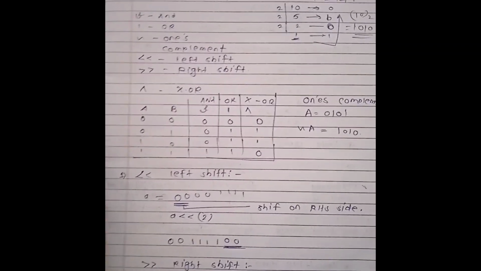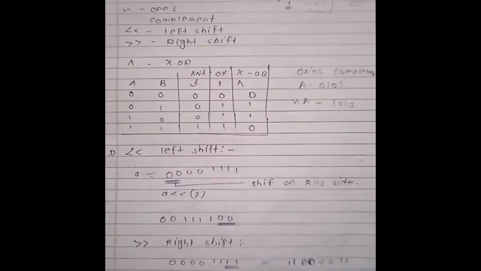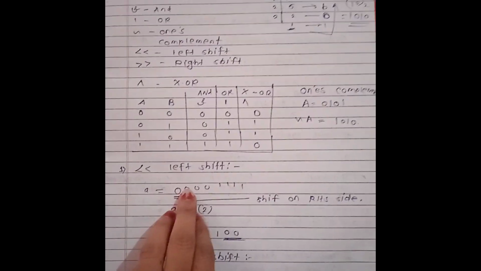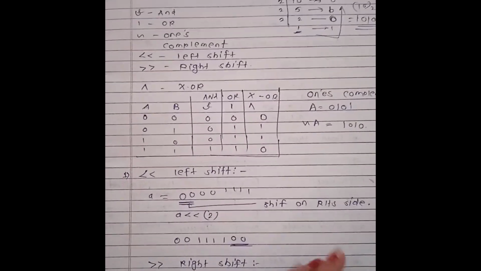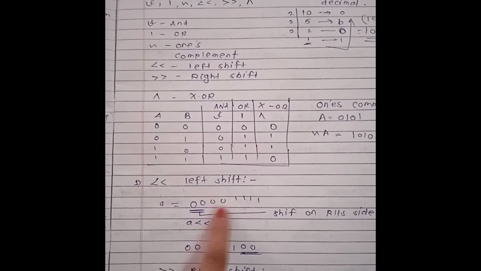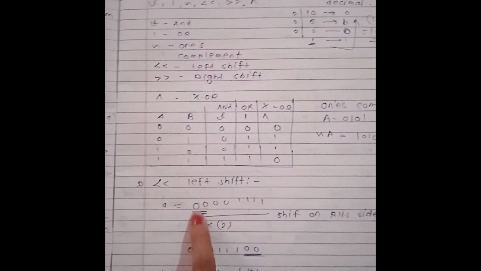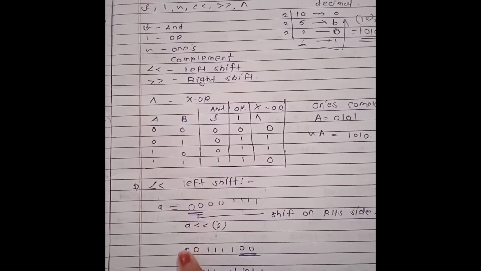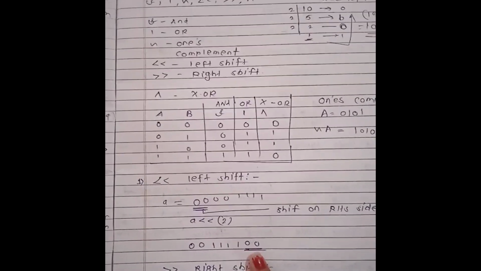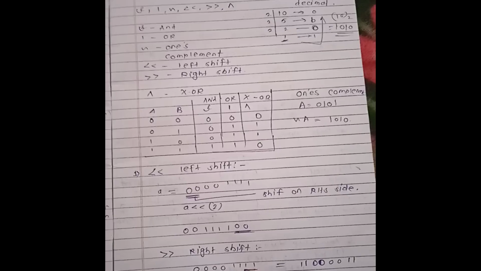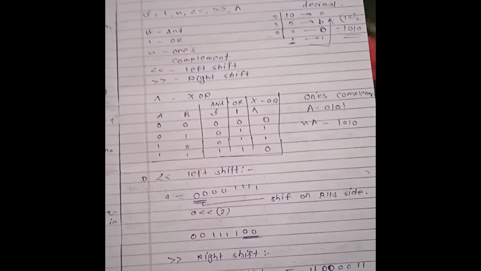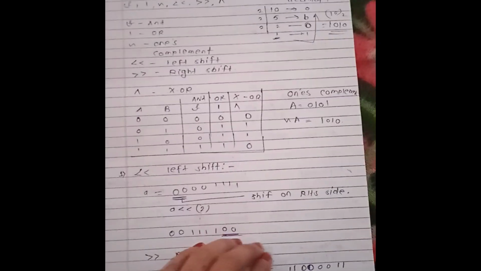Always remember, and means both conditions are true, and or means any one condition is true. In the left shift operator, the 2 digits on the left hand side are moved to the right hand side, and the other 4 digits are taken as they are. In the right shift operator, the 2 digits on the right hand side are shifted to the left hand side, and the other 4 digits are taken as they are. Understand?